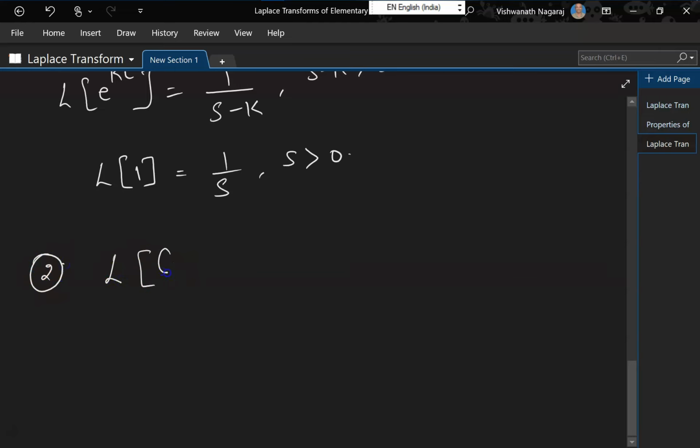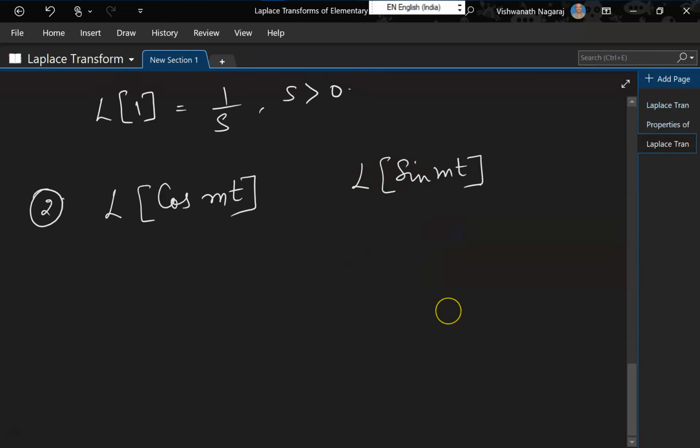Laplace of cos of mt. It can be mt, it can be at, whatever. And naturally, along with that, we will also be looking at Laplace of sine mt. Whenever this type of situation arises, we will consider e to the power of i theta is equal to cos theta plus i sine theta.